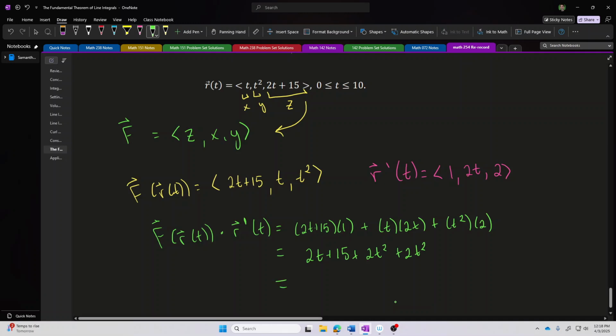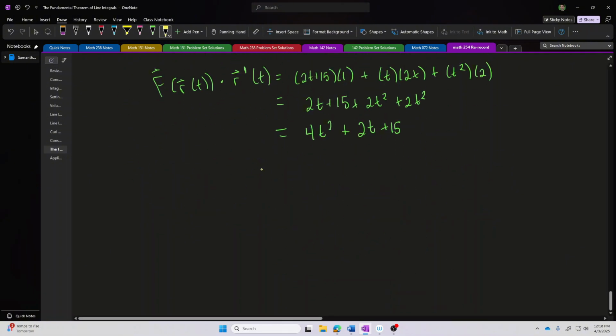And if my math is right, the simplified dot product is 4t squared plus 2t plus 15. And the only thing left to do is to integrate this dot product to measure the total amount of alignment over the whole curve between the vector field and these tangent vectors from the initial t value, which was 0, to the final t value, which was 10.